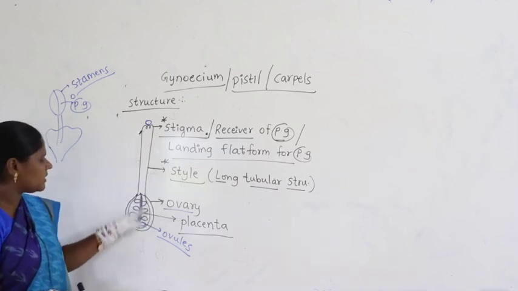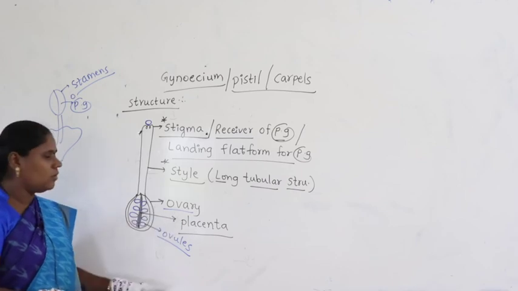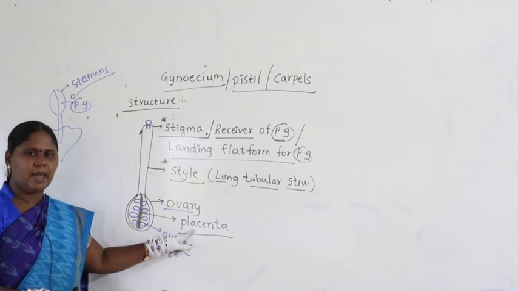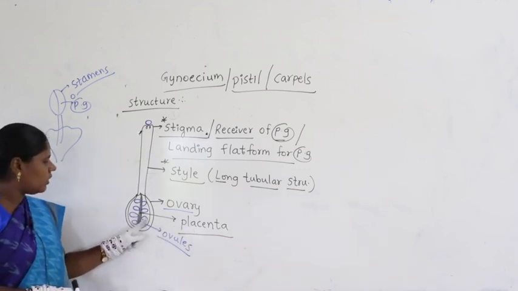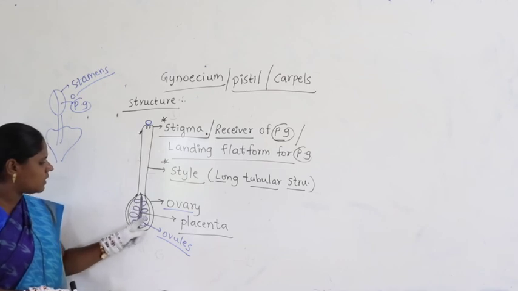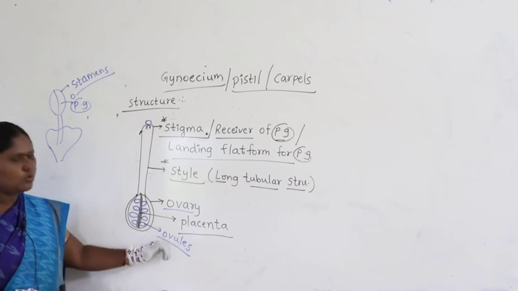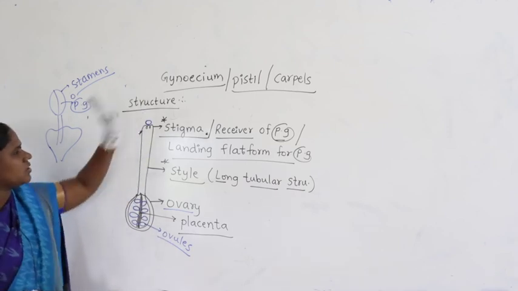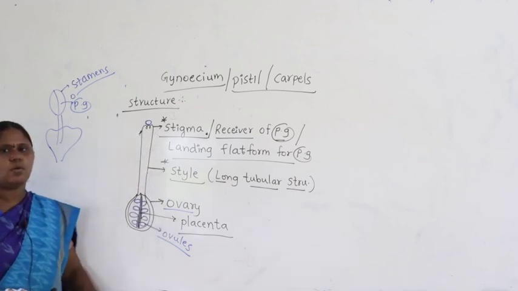At the base of the style we find the ovary. Within the ovary, the centermost tissue is called placenta. Placenta supplies nutrients on either side to the ovules. This is what is called gynoecium. So for gynoecium, you have to remember immediately: stigma, style and ovary.